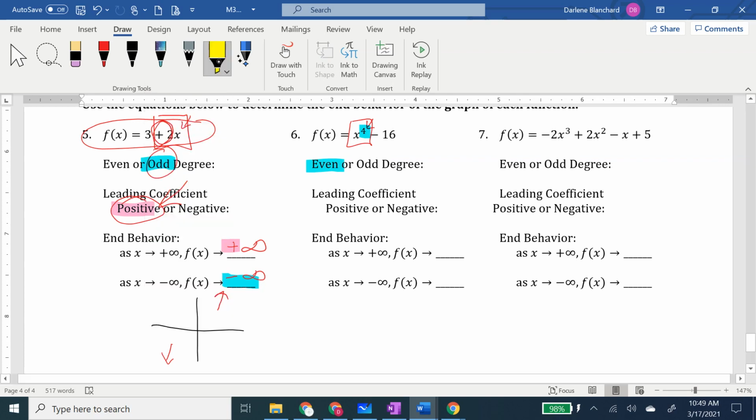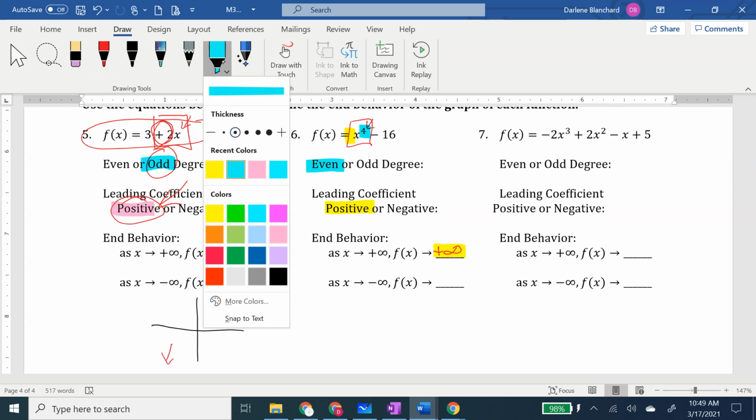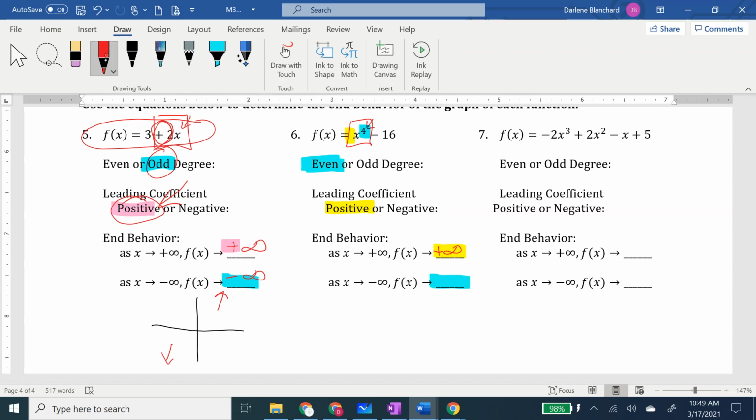Your leading coefficient is positive because there's an understood positive 1 in front. The positive leading coefficient tells me that the right end heads up. The even exponent says same answer, and both ends head up.